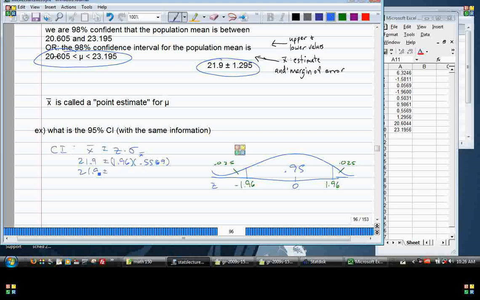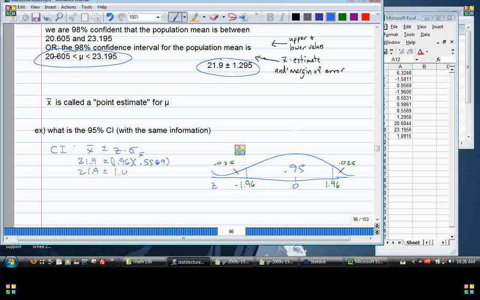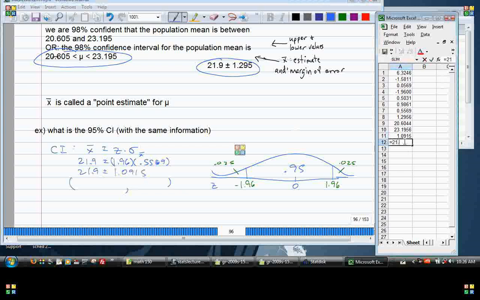So now I have to work this out. 1.96 times 0.5569, and that's 1.0915. So if we split this up into upper and lower value, we get 21.9 minus 1.0915 and plus 1.0915.